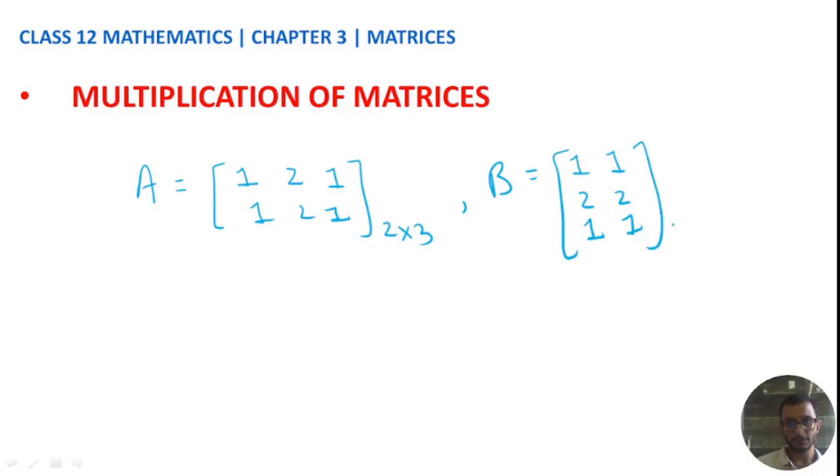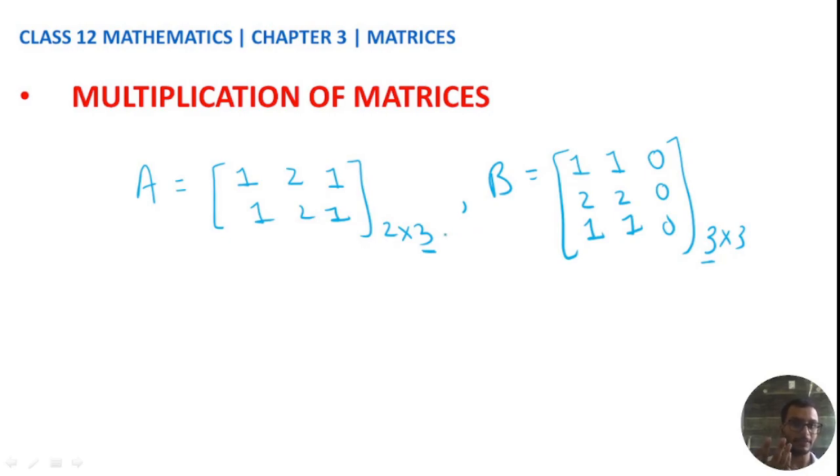Let me take one more column, suppose I am taking it as 0, 0, 0. Then the order of this matrix is 3 cross 3. So you can see I have taken the columns of A same as the rows of B. That is the condition required for matrix multiplication.